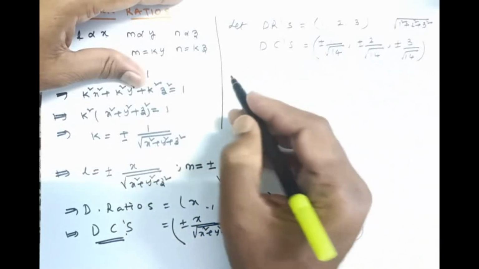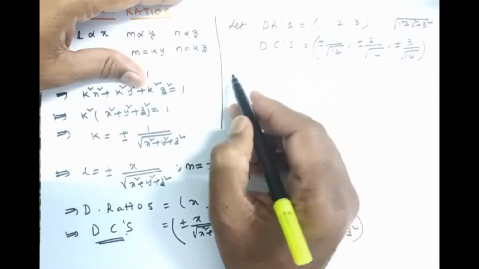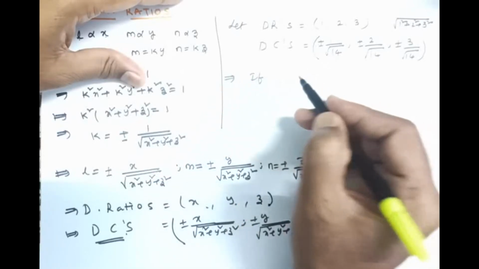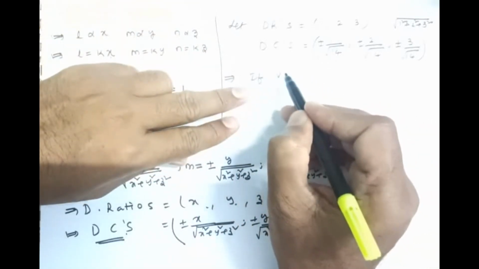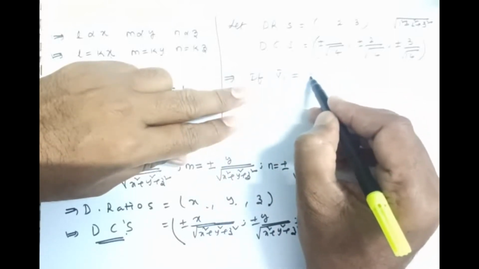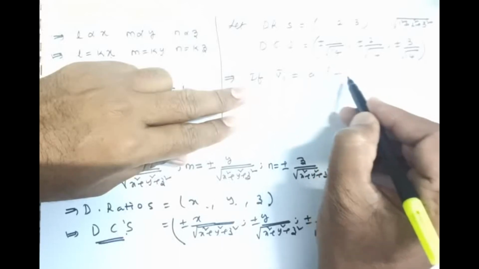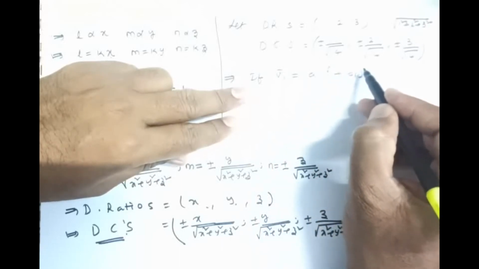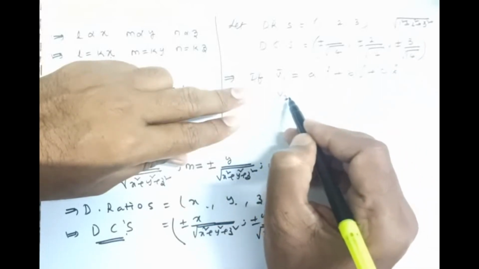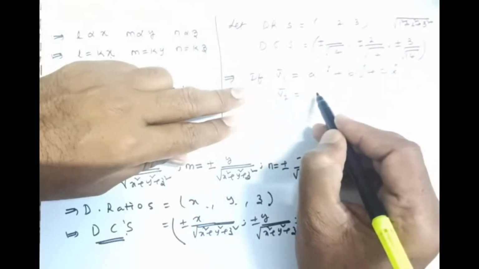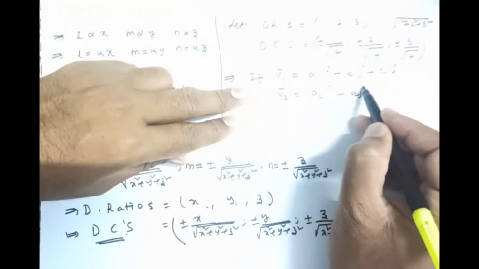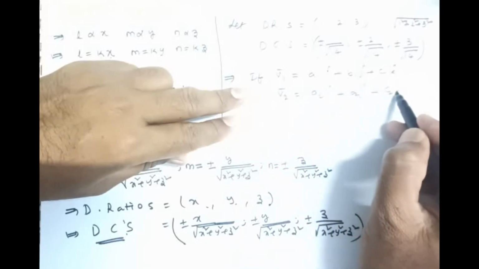Suppose there are two vectors, v1 bar equal to a1 i cap plus b1 j cap plus c1 k cap, and another vector v2 bar equal to a2 i cap plus b2 j cap plus c2 k cap.